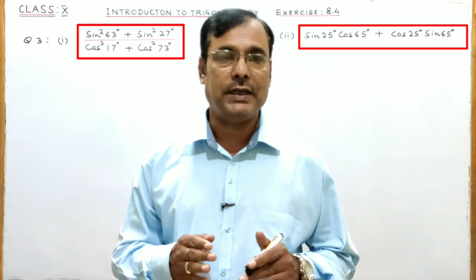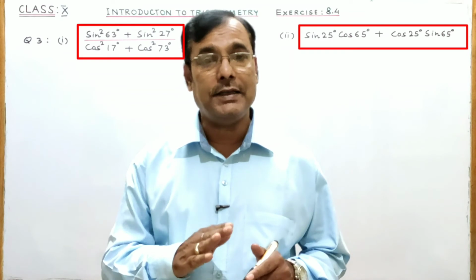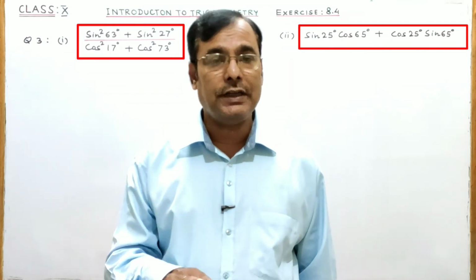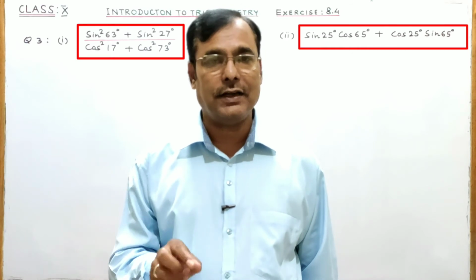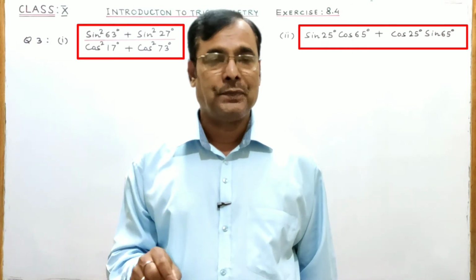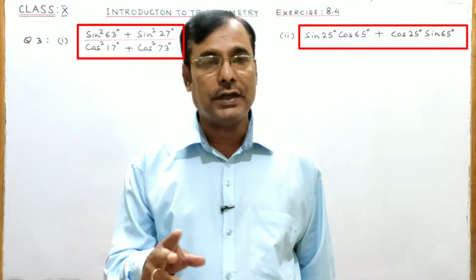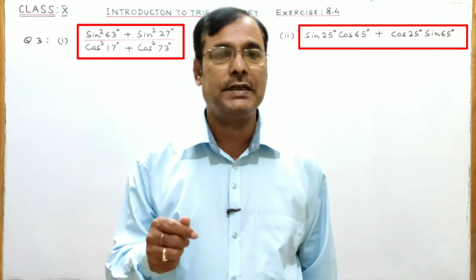So here also we are going to apply the same idea of complementary angles in a right angle triangle. In a right angle triangle, one angle is right angle and the other two acute angles are always complementary angles.